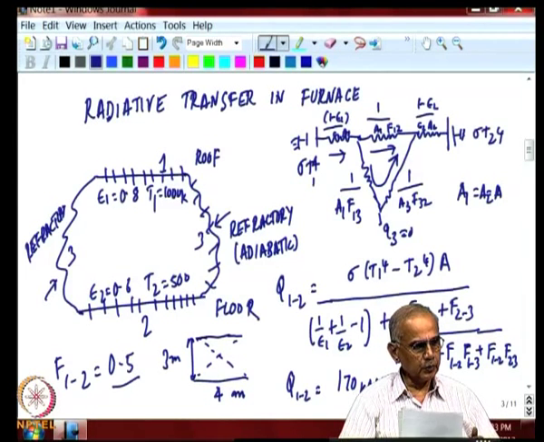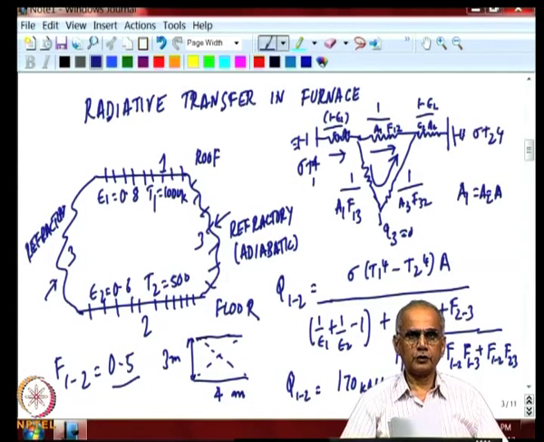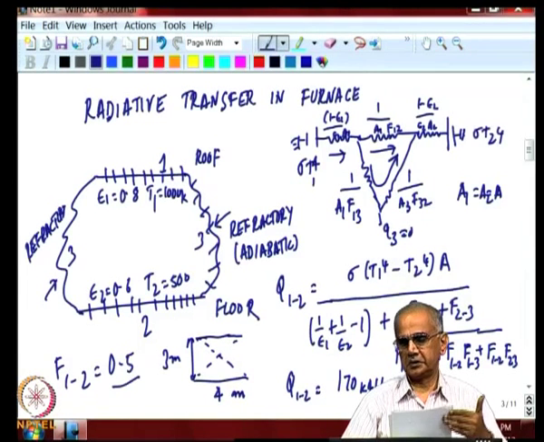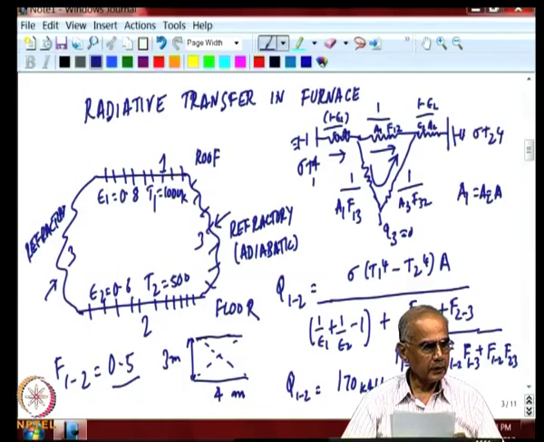But as soon as you get into a situation where the number of surfaces is more than 2 or 3, the electrical analogy becomes not very useful, and it is much more useful to just use the radiosity method and just invert a matrix.